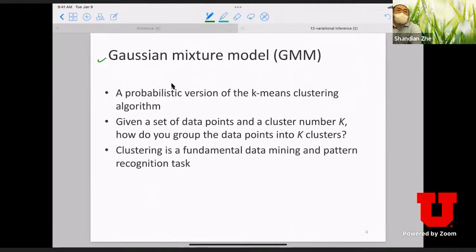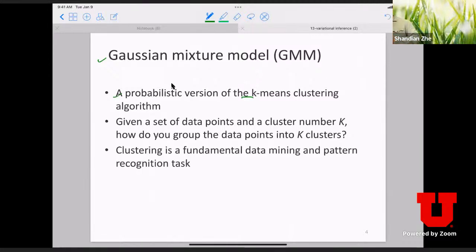So what is a Gaussian mixture model? How many of you have heard about that? Okay, that's good. Roughly, a Gaussian mixture model can be viewed as a probabilistic version of the k-means clustering algorithm. But here, it encodes the clustering procedure into a probabilistic sampling procedure.